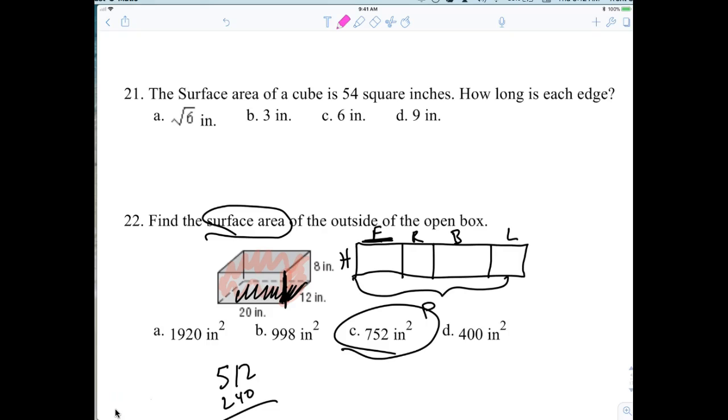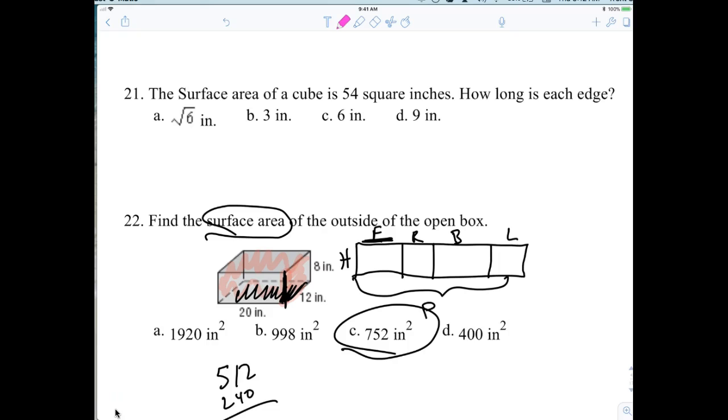Count the edges. I'm gonna draw a cube. How many numbers are on a die? Six. Oh, you're talking about the sides, not the edges. Six.